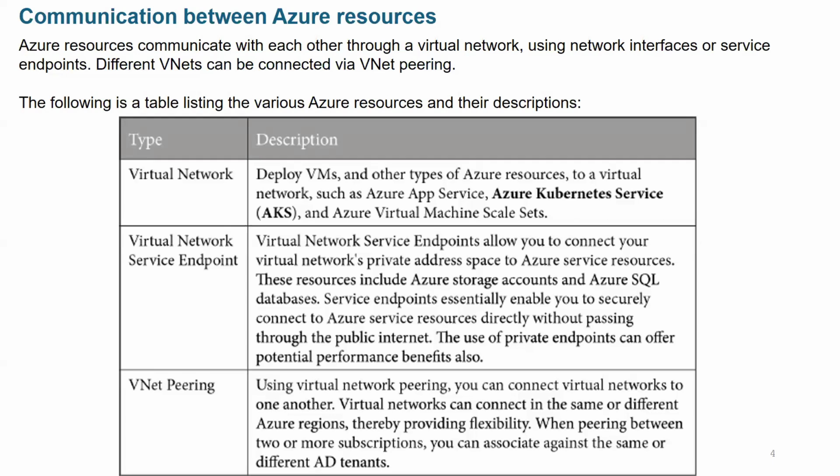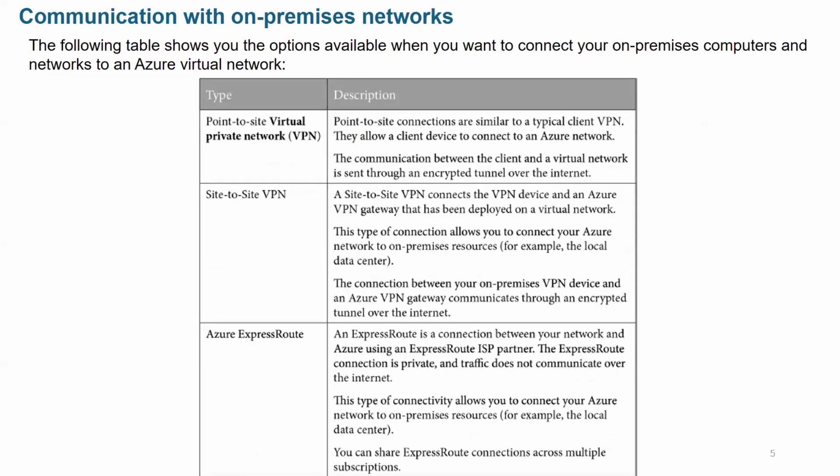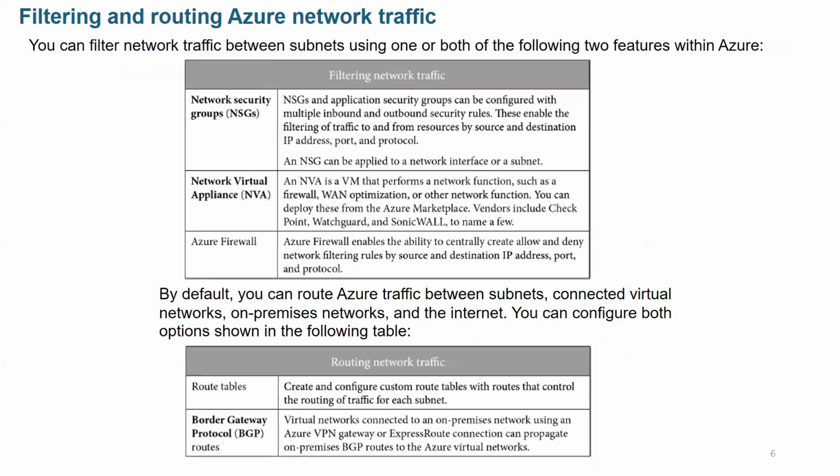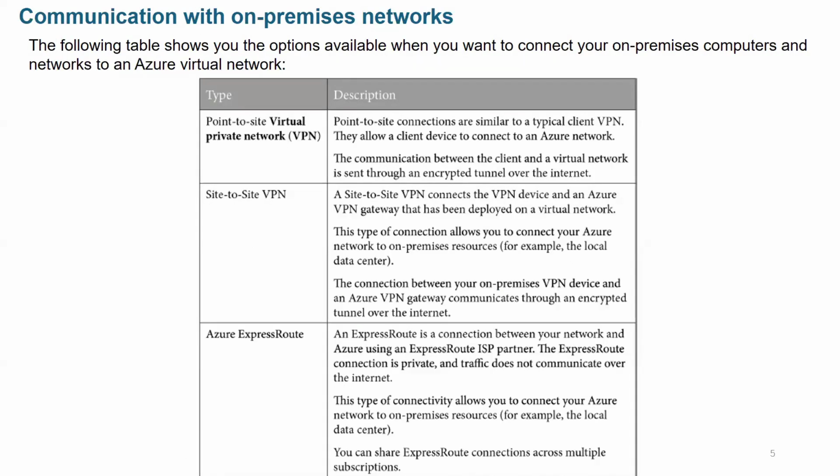For VNet, we require site-to-site, so we can configure communication from on-premise to Azure network. It can be configured using VPN, Azure virtual private network, site-to-site VPN, ExpressRoute, NSG rules, NVA rules, network virtual appliance rules, and Azure Firewalls. We use all these things to communicate, so these all are filterings, these all are communication.